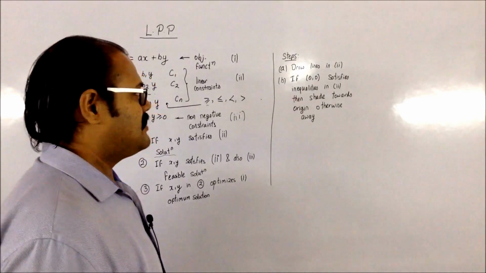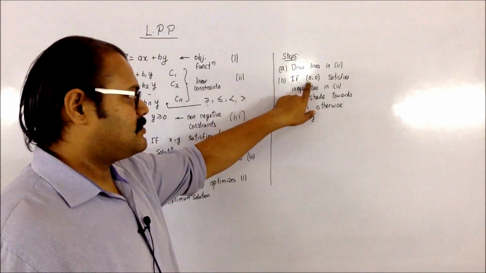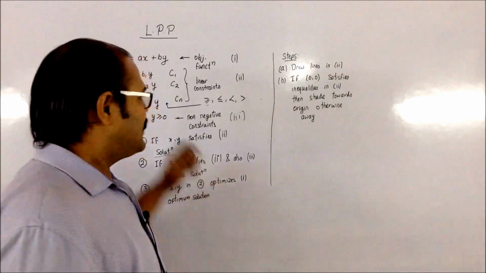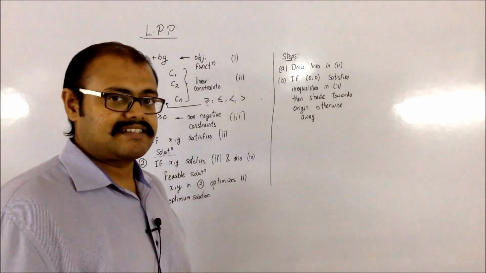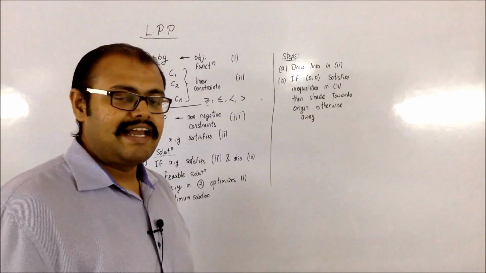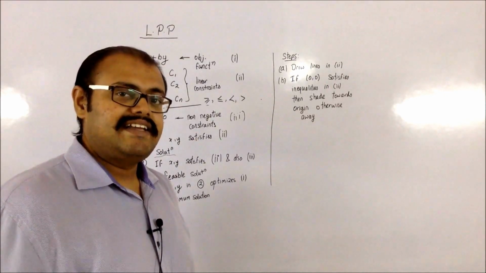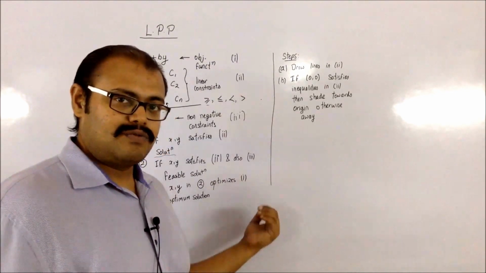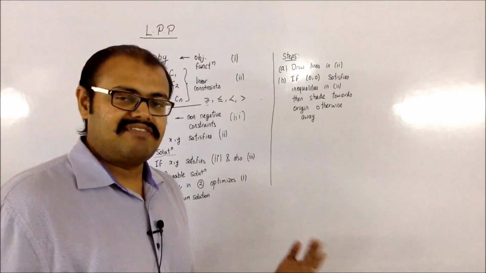On that graph you then find whether the point 0, 0 satisfies that inequality or not. If you substitute x equals 0, y equals 0 and the inequality is satisfied, then you will shade towards the origin. If it is not, then it should be shaded away from the origin.